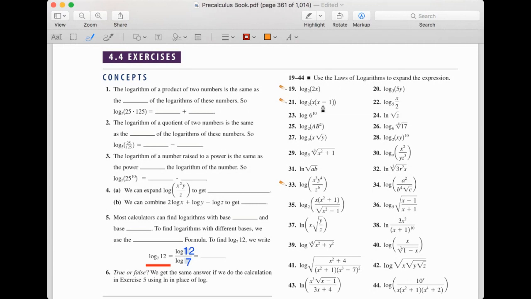Division we want to split into subtraction. All right, let's try 19. Okay, let's try these: 19, 21, 23, 25, 27. And also, if there is an exponent, we can pull it up front of the log. All right, so let's try this 5.